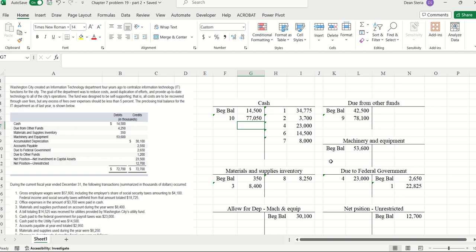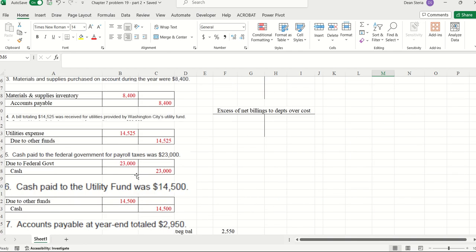And due from other funds right here, we're going to credit that for these 77,050 because that means the other funds have paid us some of what they owe us. It's entry 10. All right, let's get down here and mark that off.